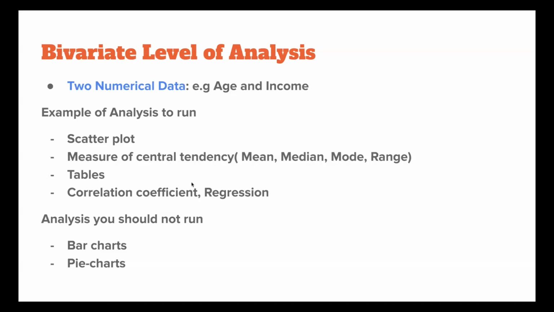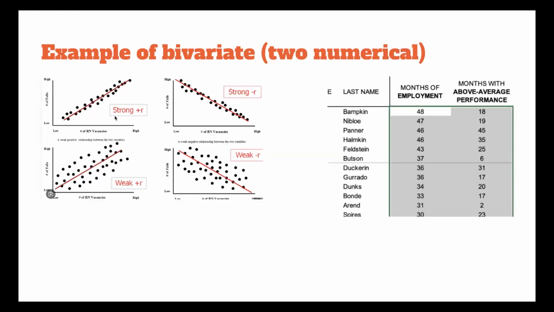When you run a correlation, the result is called the correlation coefficient. So let's show you what it looks like. I need you to pay attention here. This is the number of falls, and this is the number of vaccines.